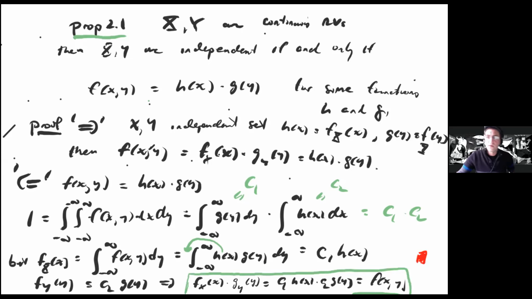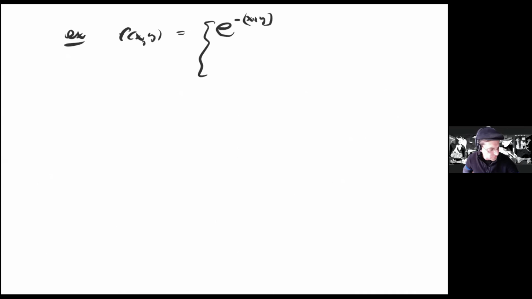Now what I'd like to do is just do an example and be done with today. Here's a very quick example. Let's look at the example we looked at before. It's f of xy is e to the minus x plus y when x and y are in the first quadrant, so 0 less than or equal to x, y less than or equal to infinity.